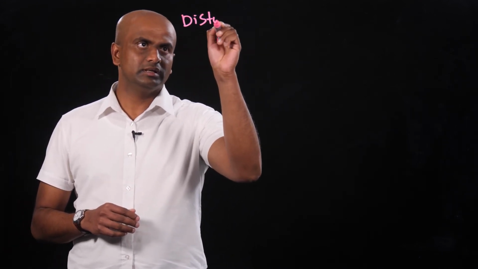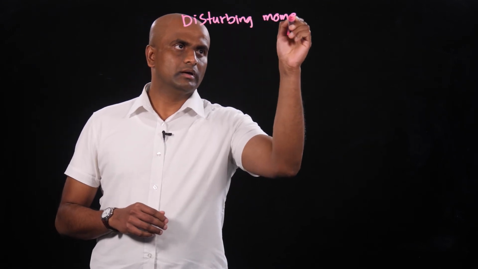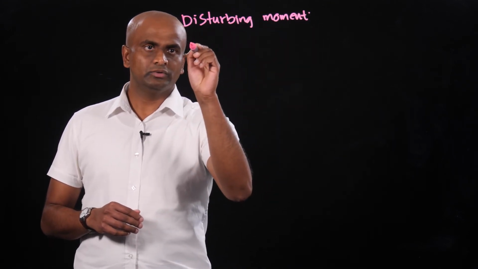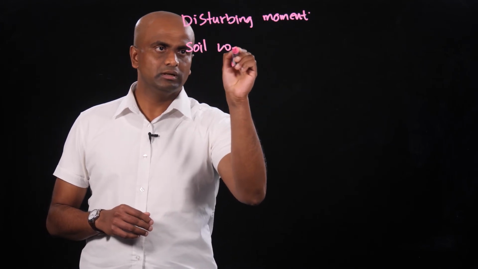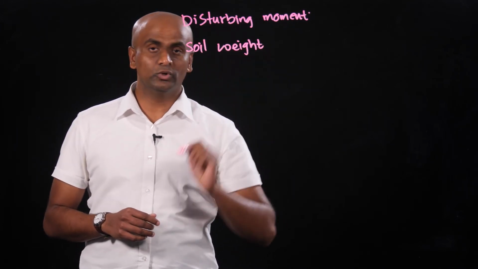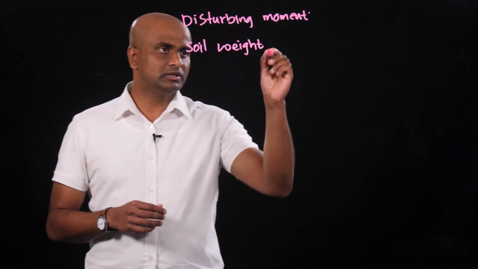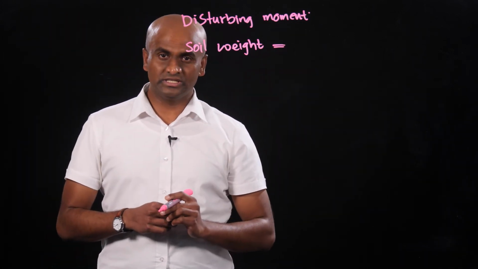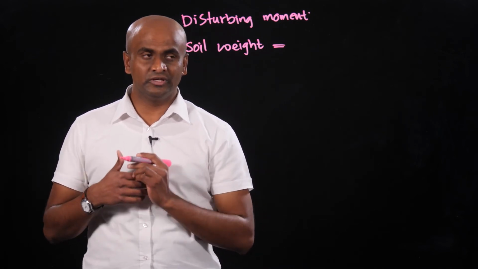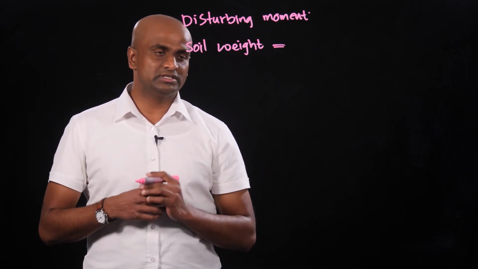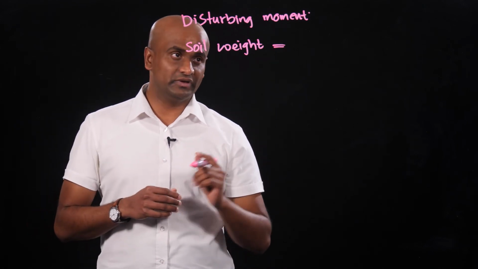Okay, now we have calculated the water pressure force, and we can now calculate the self weight of the soil, and then all the disturbing moments. So let's calculate the total disturbing moment. We can have two components, the first being soil weight. Remember, the soil is no longer submerged, so we are going to use the saturated unit weight instead of the submerged unit weight we used before for the scenario where the channel is fully filled with water.